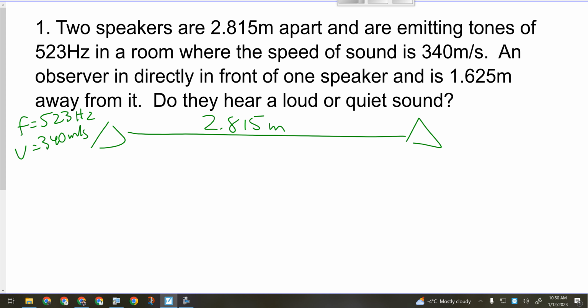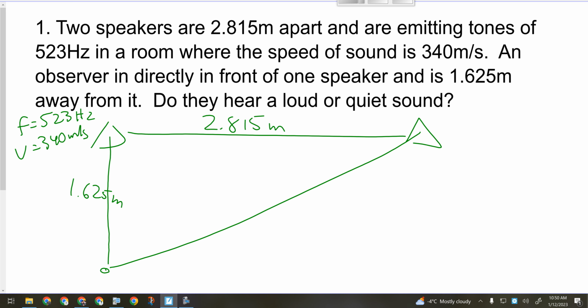The observer is directly in front of one speaker, 1.625 meters away. So that's the point we are being asked about. There we go. We want to know whether that person hears a loud or quiet sound, and that is based on how many wavelengths travel there from each speaker.